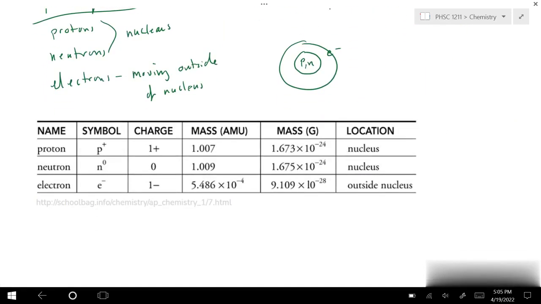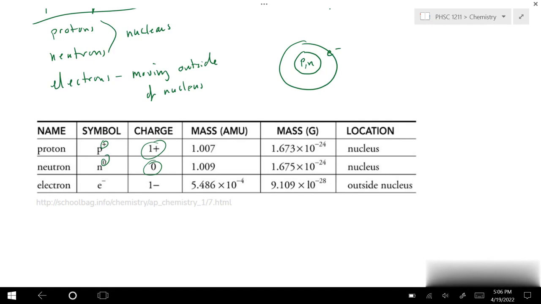I want to show you this table. I will be honest, I do not put these superscripts on the protons and neutrons. I will put one on the electron because we're going to talk about positrons later on. If we look at these, the charge of a proton is +1. Neutrons are neutral, they have no charge, but they're very important.